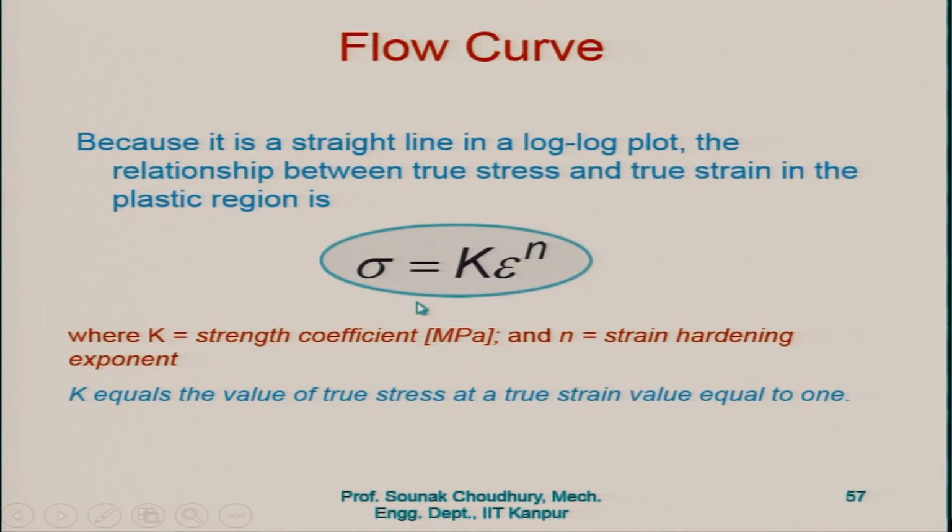So, this is the equation which is normally called the flow curve in engineering, okay. And here K is the strength coefficient in megapascal, and the strength coefficient is the constant which actually defines the strength of the materials, okay.